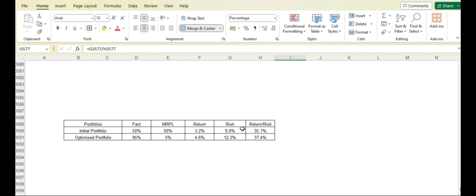Now, given that we want to optimize this particular value, and that's what we use the solver for, we now see that the optimized portfolio has a distribution of 95% in favor of fact and 5% going towards MRPL, which is now giving us a higher return, roughly about 4.6%. Though the risk also has increased, return adjusted for risk has also increased.